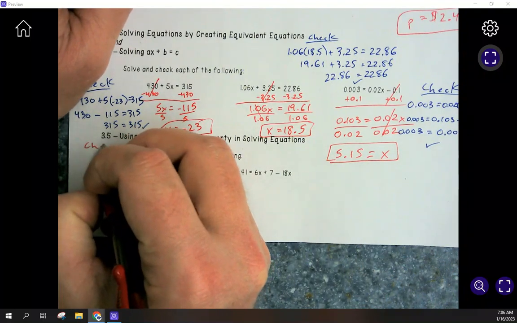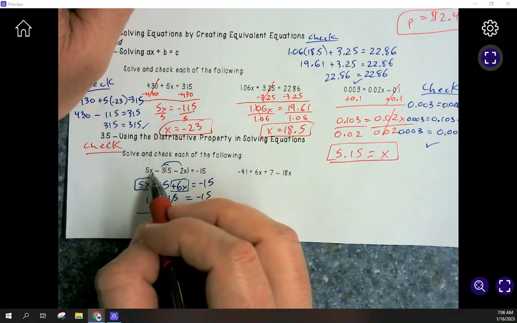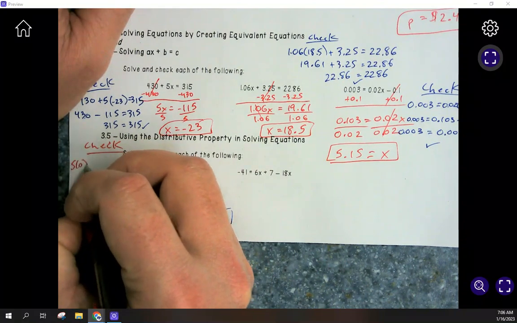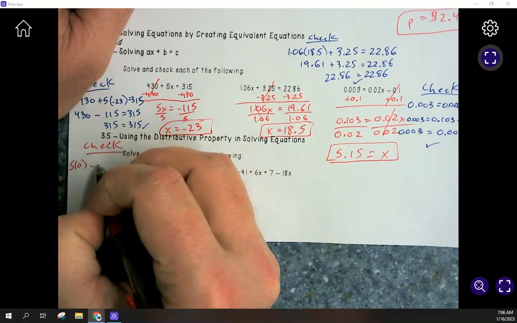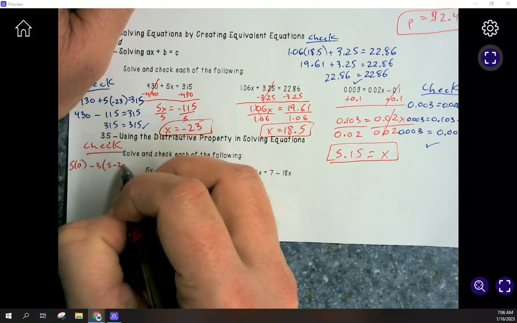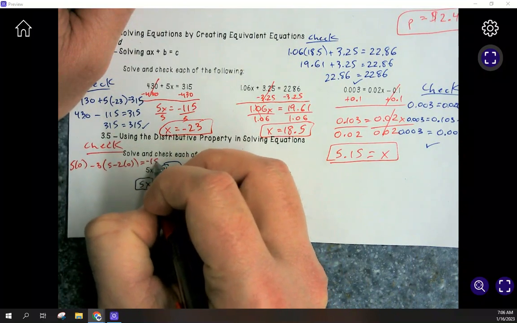Now we're going to go ahead and check it. So we got 2 spots to plug into now, so that 0 is going to go in for x here. Minus 3 times, and then inside parentheses, 5 minus 2 times 0 equals negative 15.